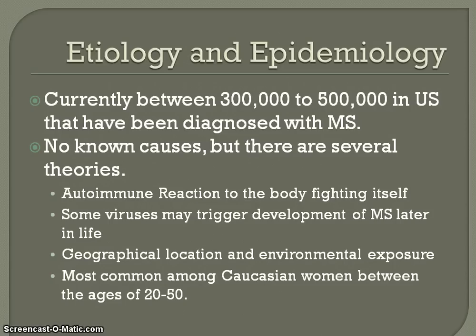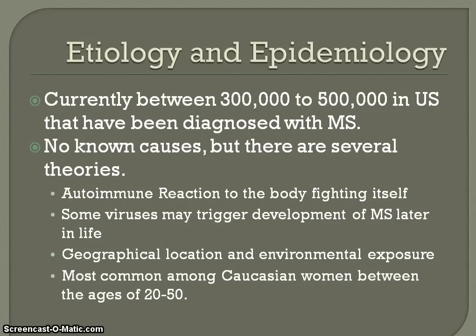There is no known cause for MS, but there are several theories as to what can cause it. One of them is that it's an autoimmune disease, an autoimmune reaction of the body fighting the myelin. There's some antigen in the myelin that the body attacks, but it's unknown what this antigen is, and how to stop it from happening.